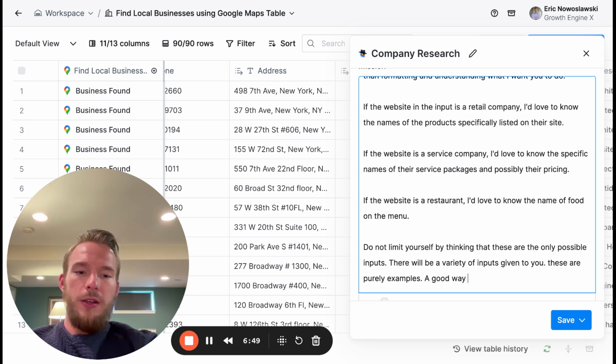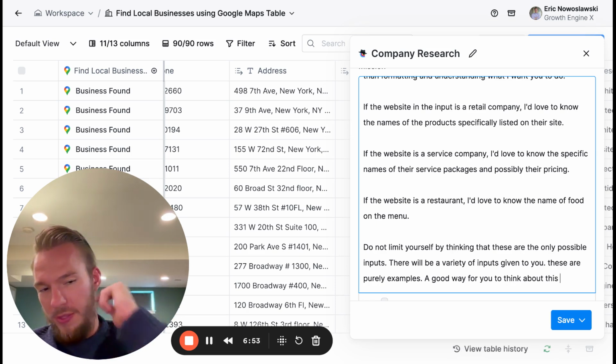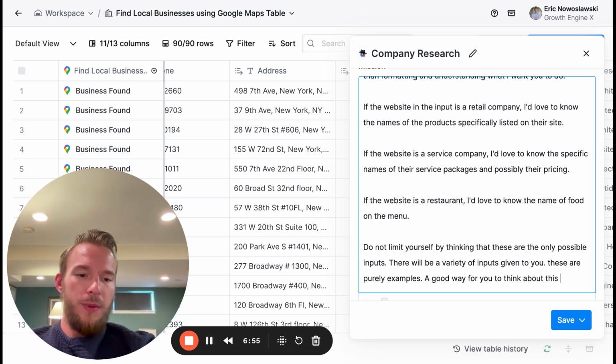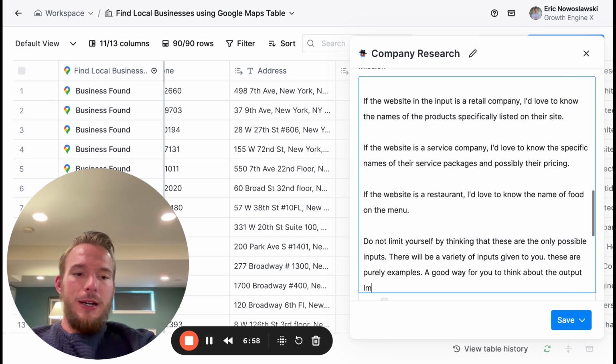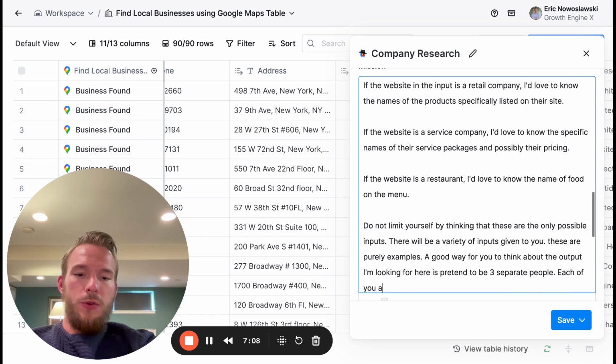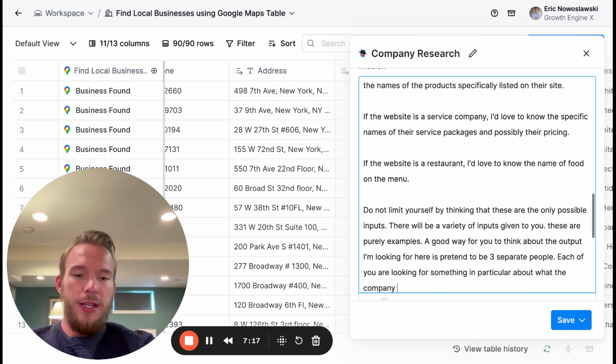A good way for you to think about this, and this is a good prompting piece of advice, a good way for you to think about the output I'm looking for here is: pretend to be 3 separate people. Each of you are looking for something in particular about what the company sells.